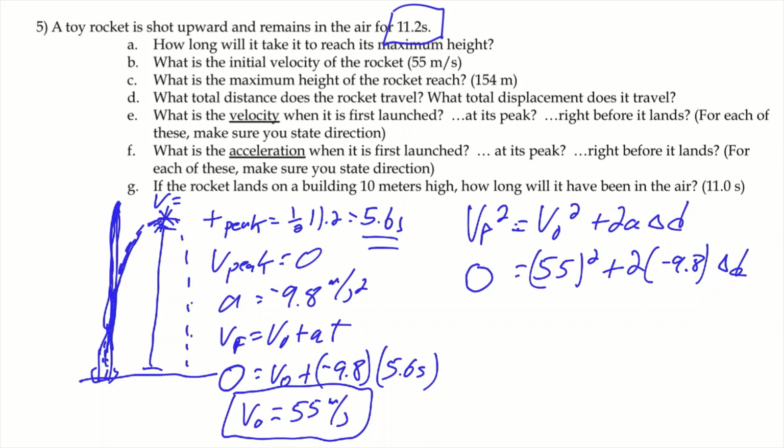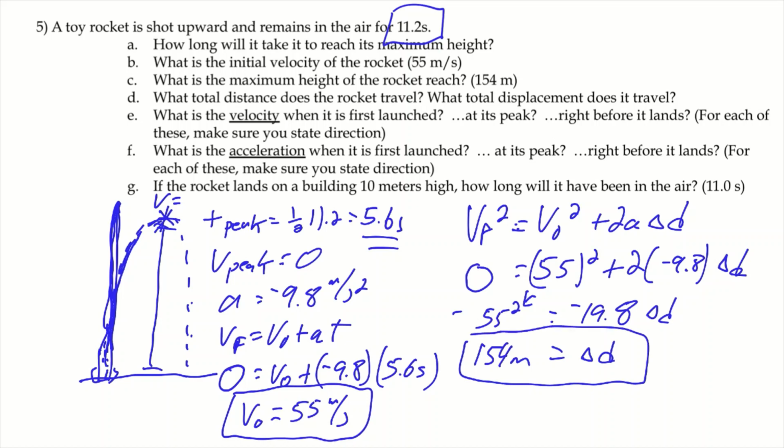So you square that velocity, 55 squared, subtract it, right, and that equals negative 9.8 times d. And so for your displacement, delta d, don't forget to square that. When you do the math, you get about 154 meters as our displacement to the peak, the maximum height.